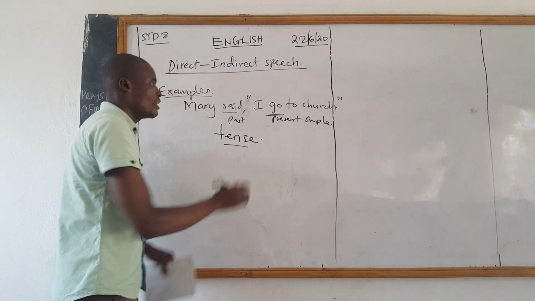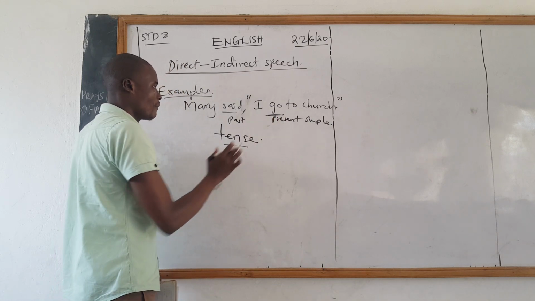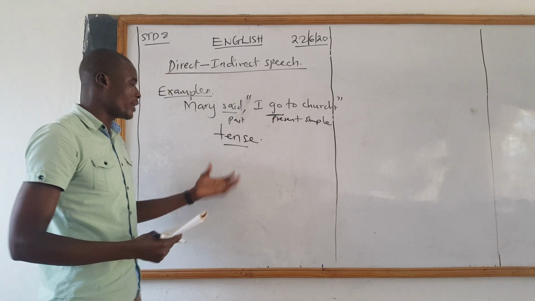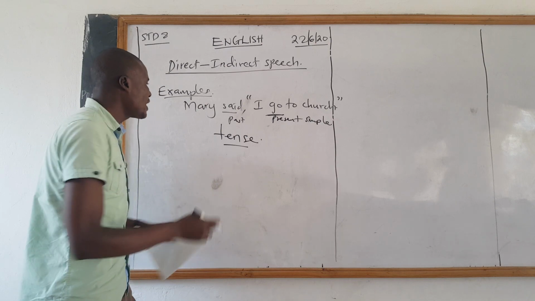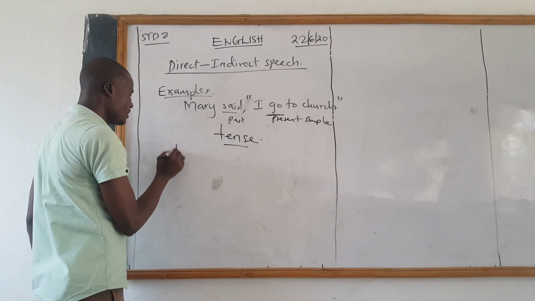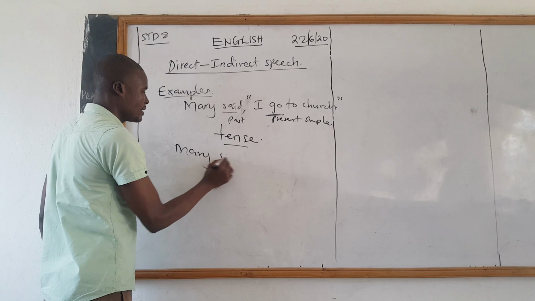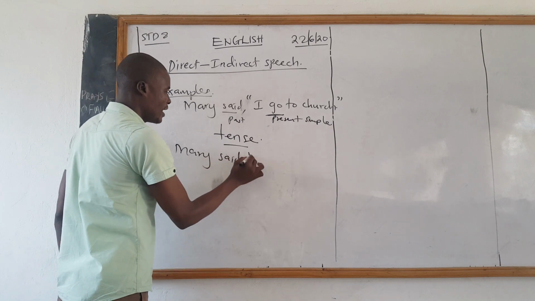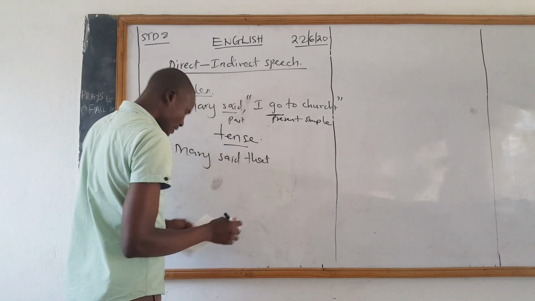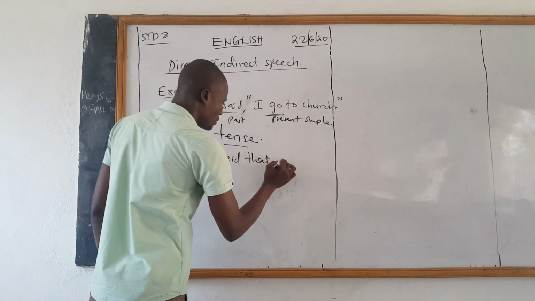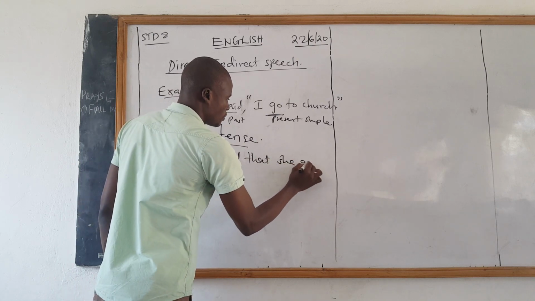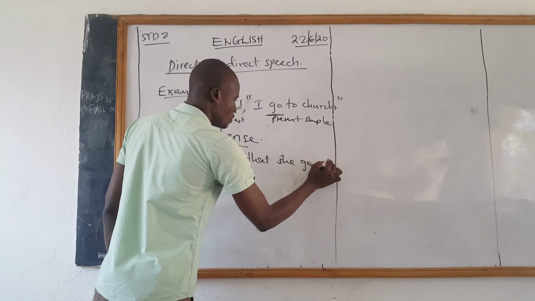That's why, learner, after looking at the tense, we are able to get the answer correctly by saying that Mary said, we change that, Mary said that she goes to church.